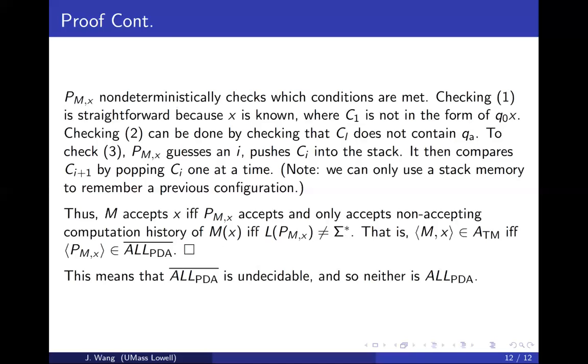Hence we have this reduction: M comma X belongs to A sub TM, meaning M accepts X, if and only if this PDA does not accept everything, meaning it's in the complement of O sub PDA. Hence the complement of O sub PDA is undecidable, and that means O sub PDA is not decidable.